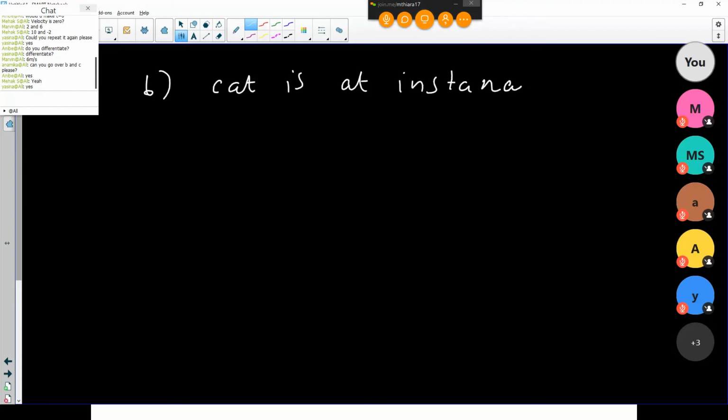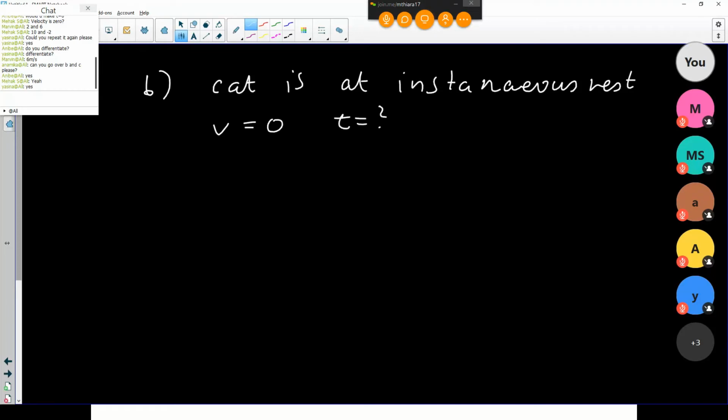Oh, my spelling's poor, so please forgive it. That implies that velocity must be equal to 0, because if it's at rest, that means it's not moving. If it's not moving, that implies velocity must be equal to 0. So we need to find the time when velocity is 0.